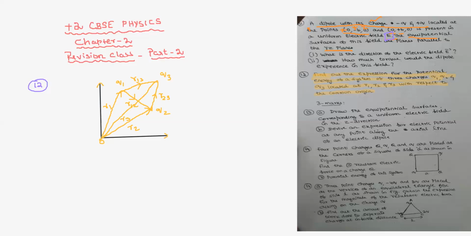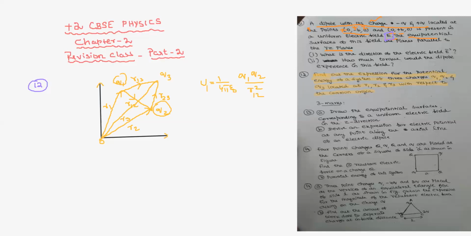I want to find the potential energy. The formula for potential energy is U equal to 1 by 4 pi epsilon naught q1 q2 by r. Therefore, for charges 1 and 2, our potential energy will be U12 equal to 1 by 4 pi epsilon naught q1 q2 by r12.